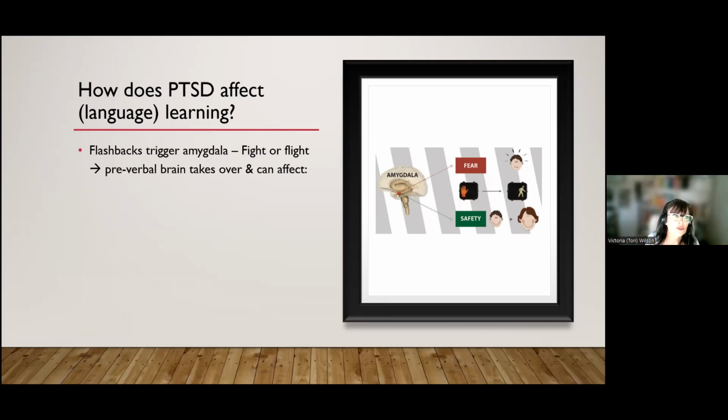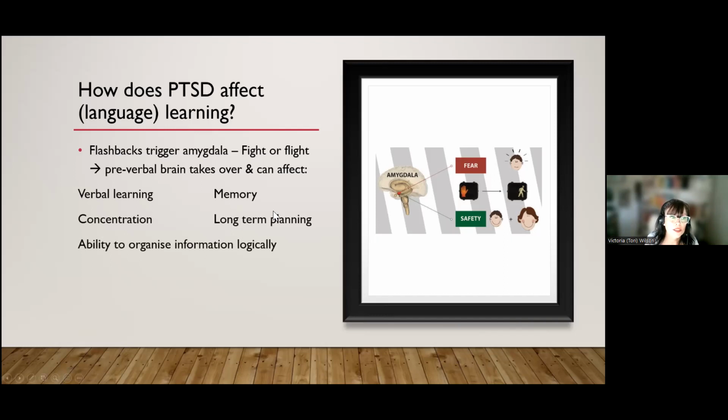When a person goes through flashbacks, the amygdala, which is a part of the brain, is triggered, and that sets off that fight or flight impulse. In this situation, the pre-verbal brain takes over, and that can affect verbal learning, memory, concentration, long-term planning, the ability to organize information logically, and acquisition of an additional language.